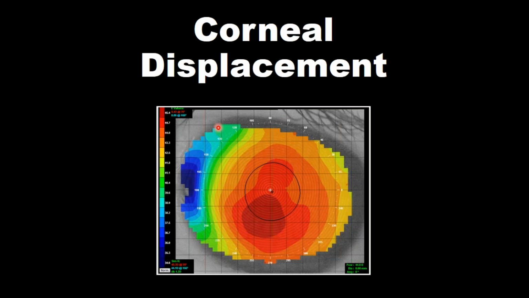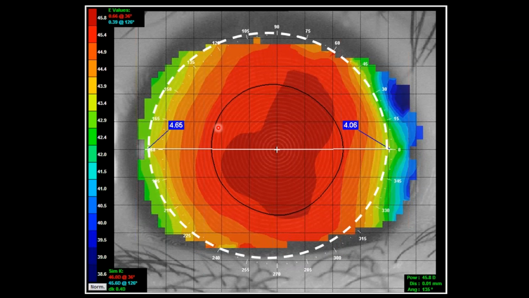Now another thing you'll want to consider is not just the toricity at the center or the peripheral corneal differential and sagittal depth, but also corneal displacement. That's going to factor into how well our lenses center on eye. So for instance, if we take this cornea, do we see an apex that is really well centered to the visual axis, to the pupil? And the steepest contour appears to be relatively well centered.